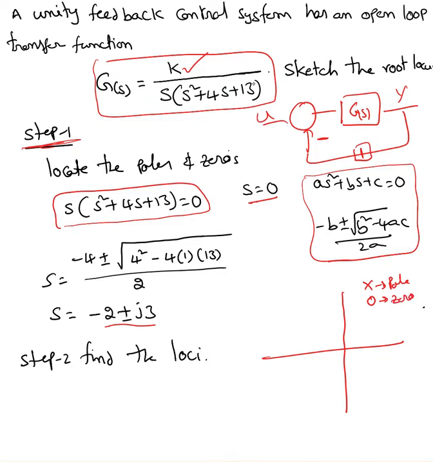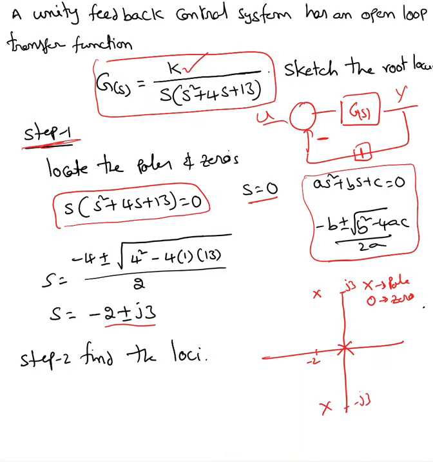In this given function, I don't have any zeros, so we're not going to have any zeros. So I have a pole here, and minus 2 plus j3, and minus 2 minus j3. Those are the 3 poles.